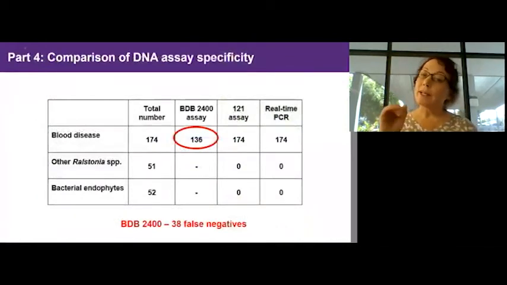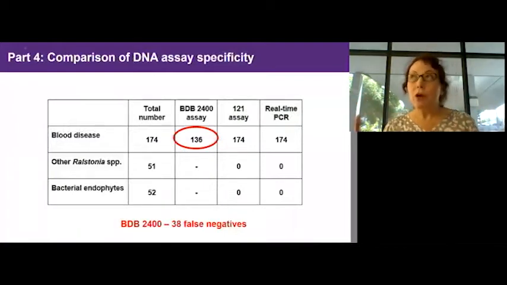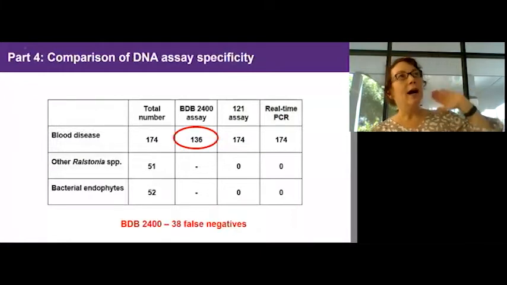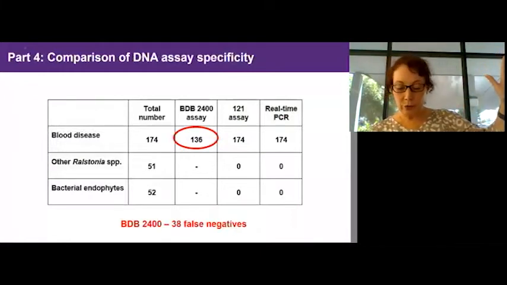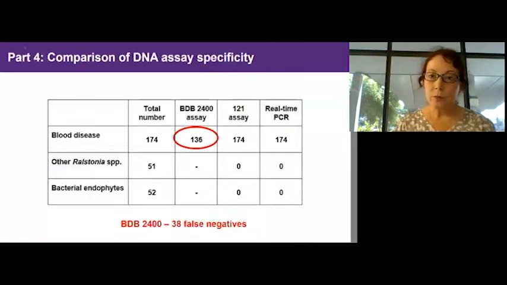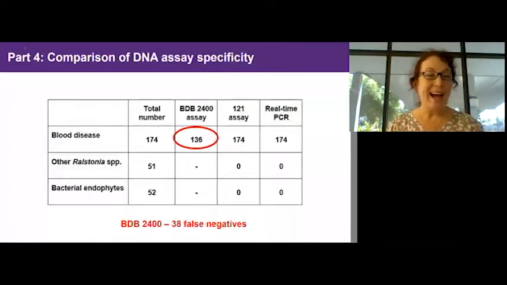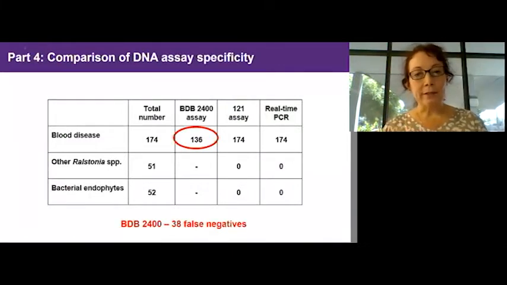Analytical specificity was tested with 174 isolates of blood disease from a wide geographic area, right across the Indonesian archipelago and up into Malaysia. The BDB-2400 assay could only detect 136 of these isolates. That is, it gave 38 false negatives.